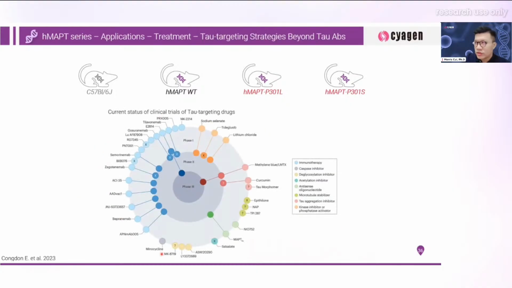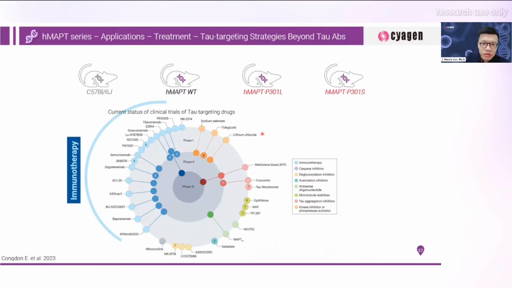Until 2025, there are more than a dozen new therapeutic strategies for intercepting tau, including not only immunotherapy, but also therapies from other aspects, something like the aggregation inhibitor or microtubule stabilizer.